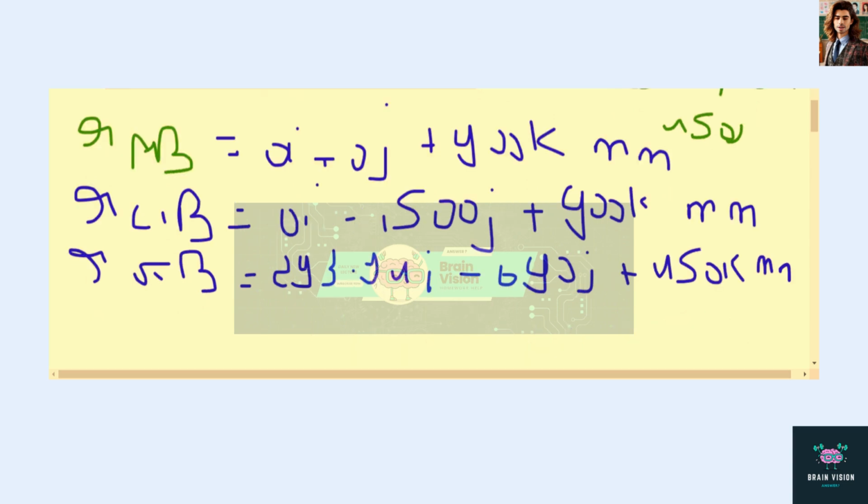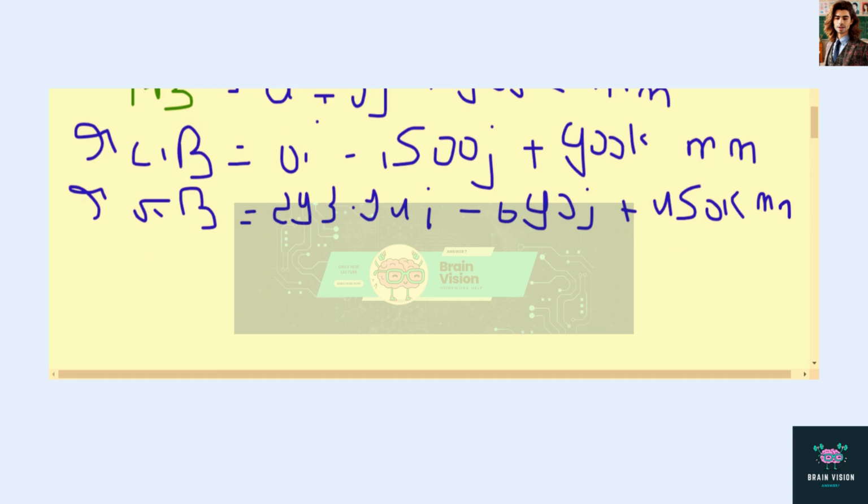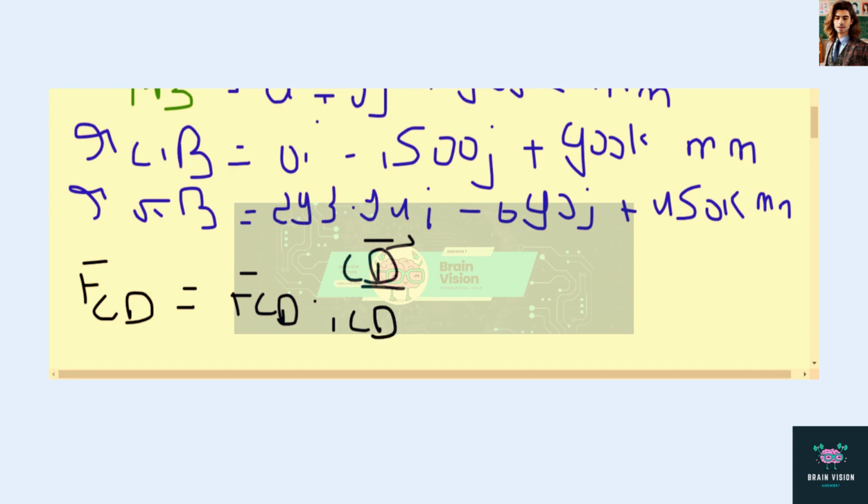And also we can calculate FCD is equal to FCD into line CD upon magnitude of CD, which gives the answer FCD times 0.9798I plus 0.2J.